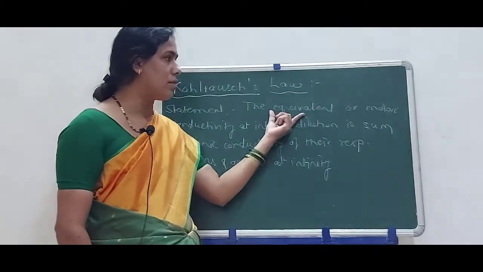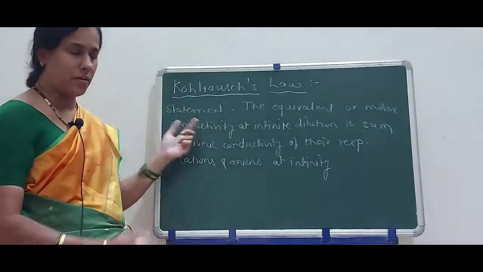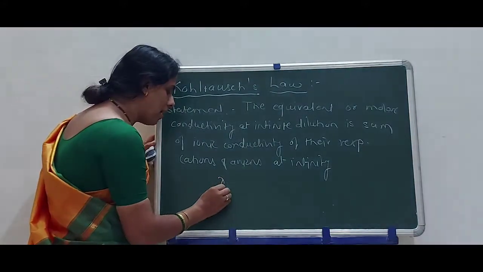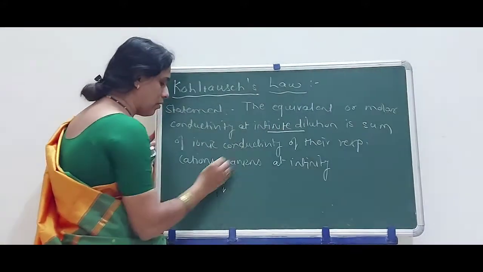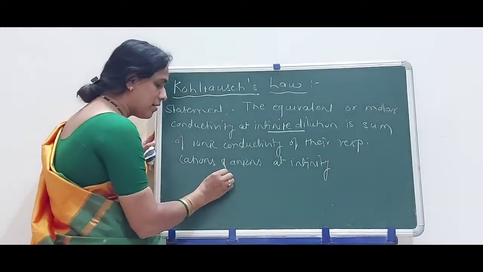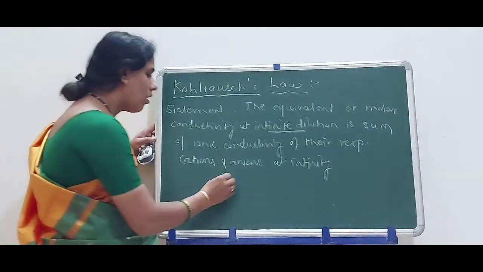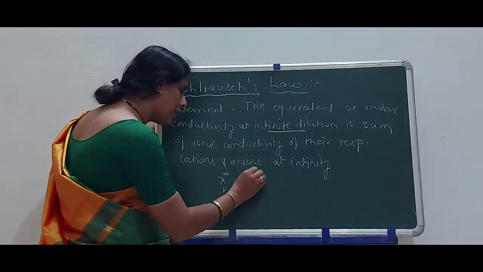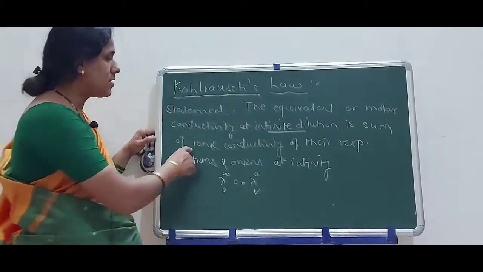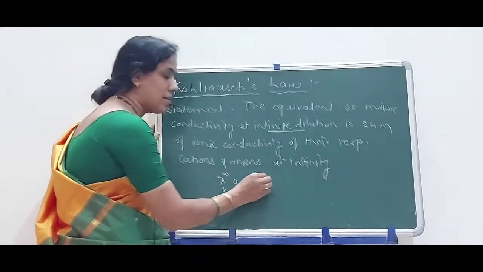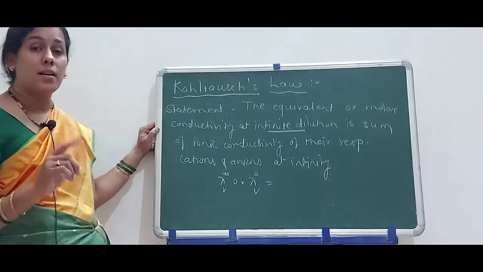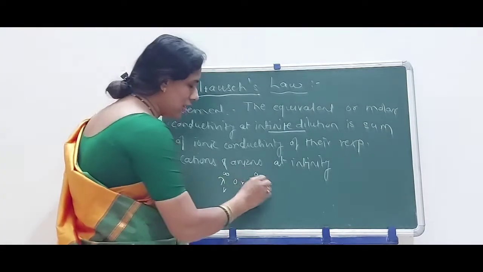Again, I will repeat this. That is equivalent or molar conductivity, that is lambda v at infinite dilution. We write the designation as lambda infinity, or lambda v standard, is the sum of ionic conductivity. That is, there is formation of ions due to dissociation in a solvent.